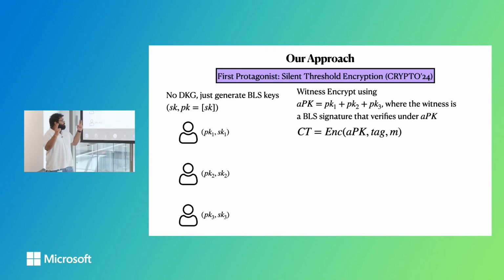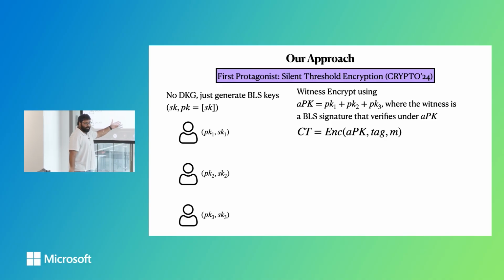And now we're going to witness encrypt using the aggregated public key, such that if I have a BLS signature that verifies under the public key, I can decrypt the corresponding ciphertext. So for instance, if the ciphertext is with this aggregated public key, there's a tag which I've not really talked about, but all these constructions will require some kind of tag, just to know that we are encrypting with respect to a tag, for this particular set of public keys.